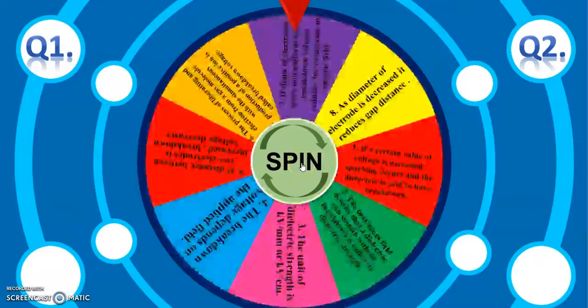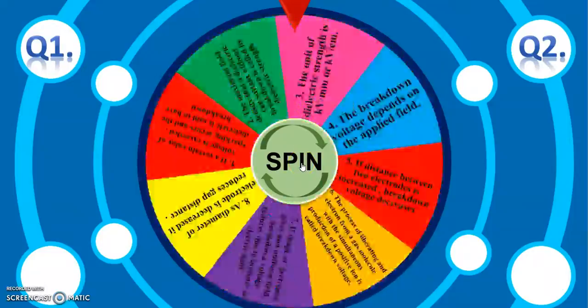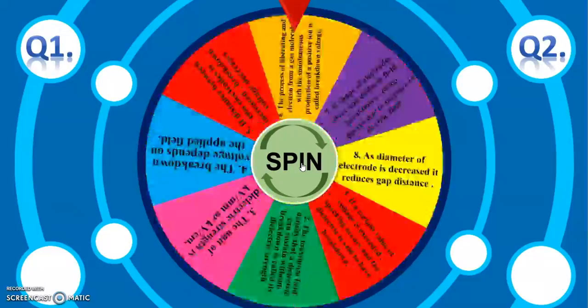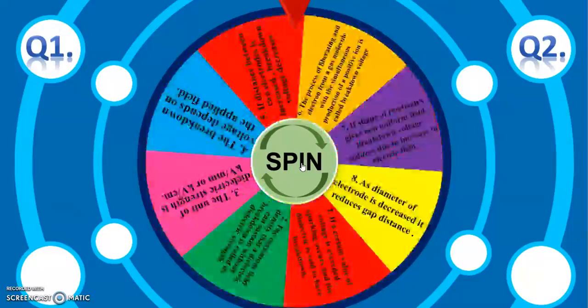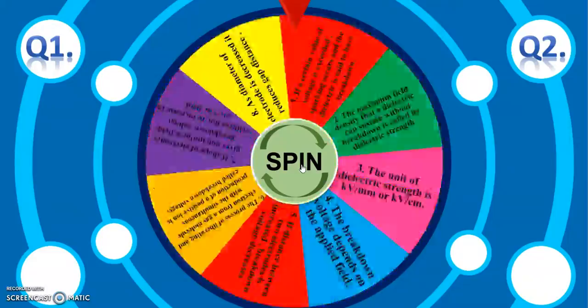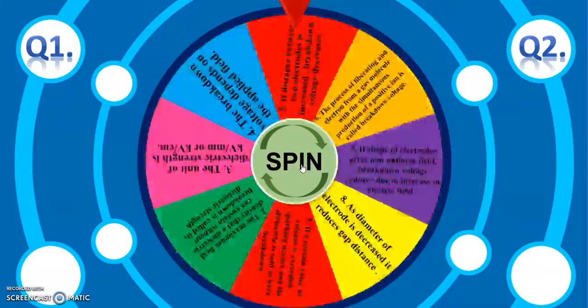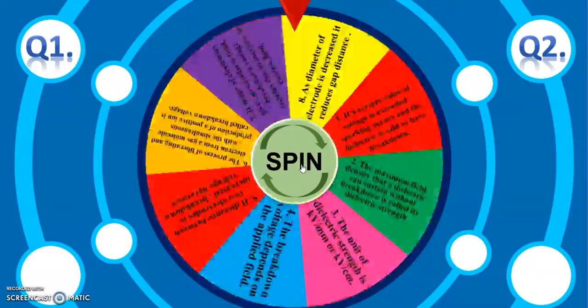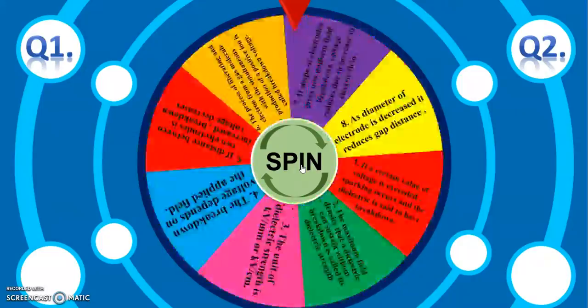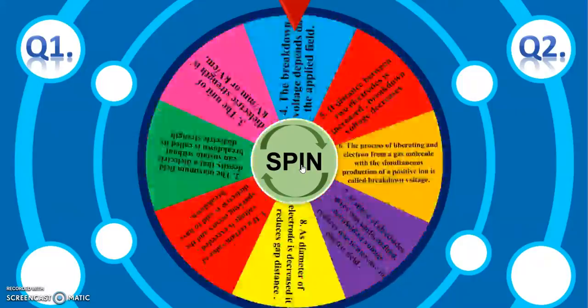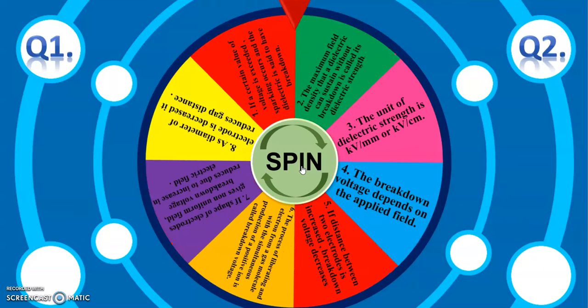Who will say stop? Assign a student. The student needs to say stop, and then it will stop. Yes, now I have stopped. Now what is the question? How do I read that question?